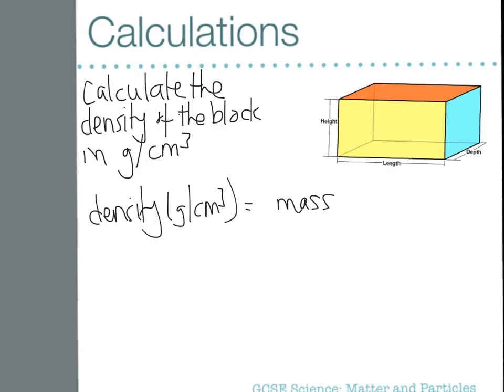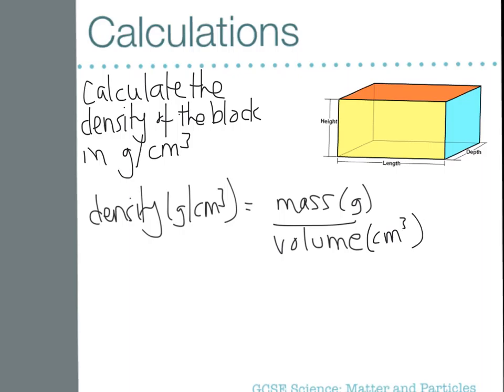Now, as the density is in grams per centimetre cubed, the mass also needs to be in grams, divided by volume. Again, we look to the unit of density and we see that unit is grams per centimetre cubed, so our volume must be in centimetres cubed.